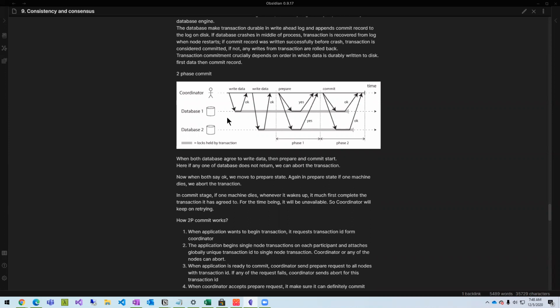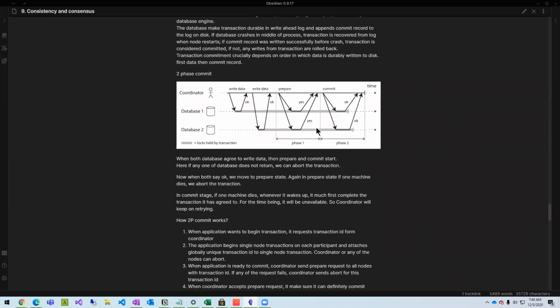They can abort their transaction at any time, right? But once they have replied yes, they no longer have the right to abort the transaction. Then, if the coordinator says that the data has to be committed, they have to commit the data.